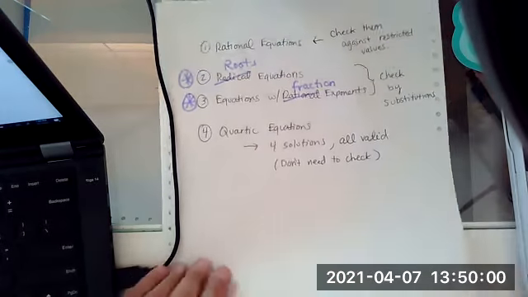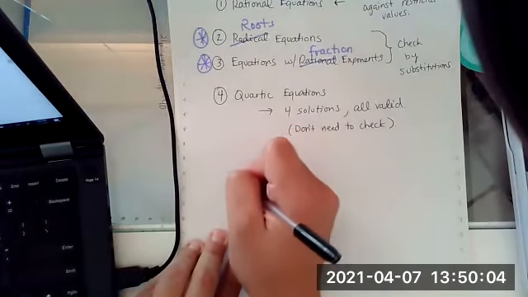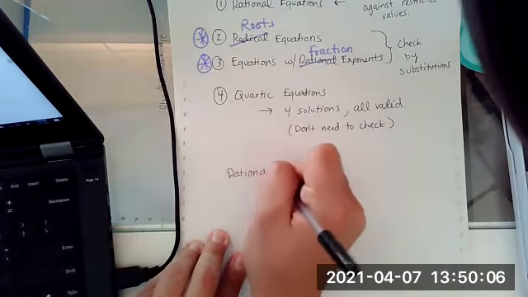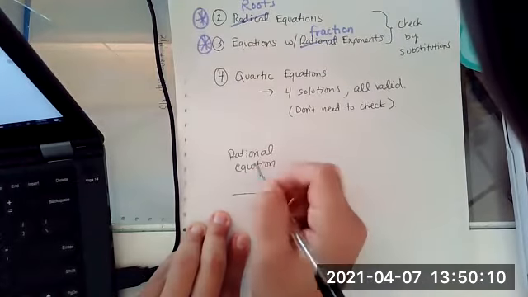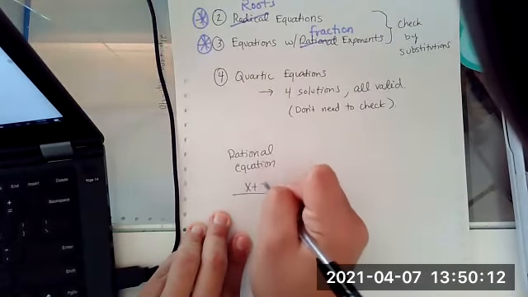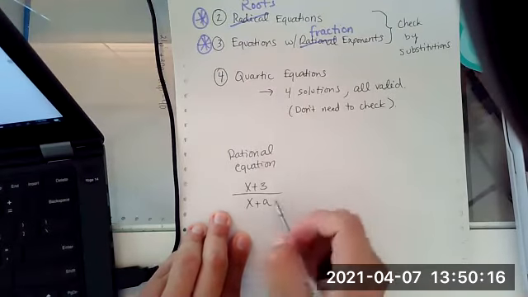So you might say in your notes, okay, just like I did with the rational equation, we have a rational equation. It has a bunch of things that look like, I don't know, x plus blah, blah, blah, x plus blah, blah, blah. Just made some stuff up.